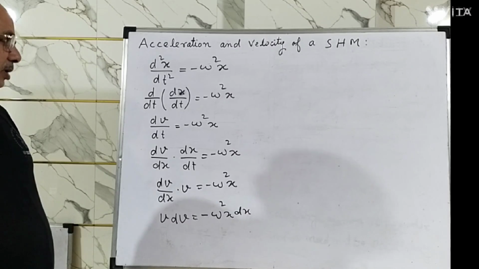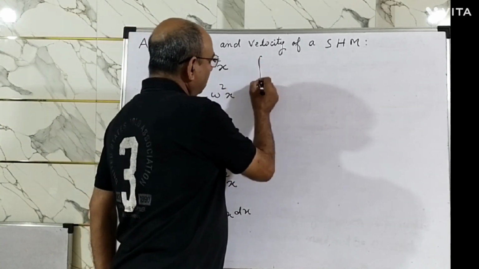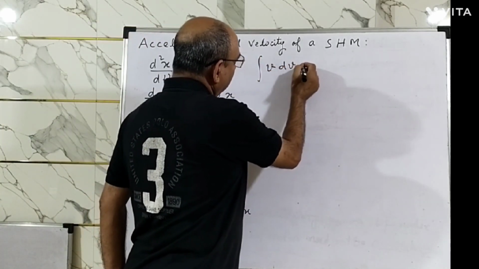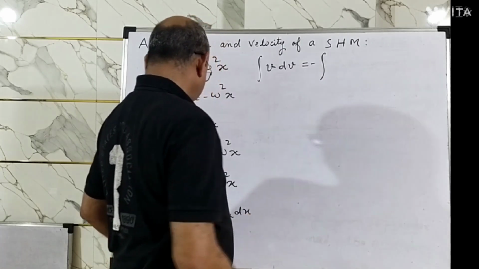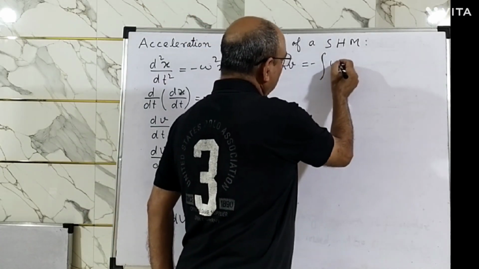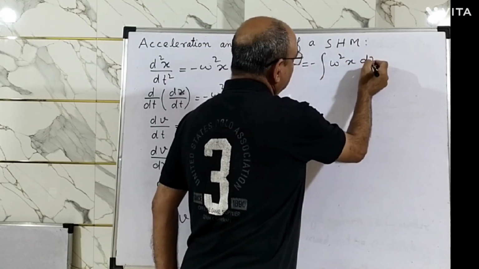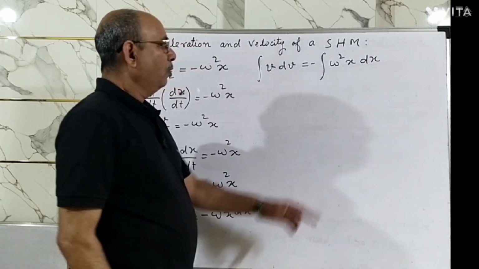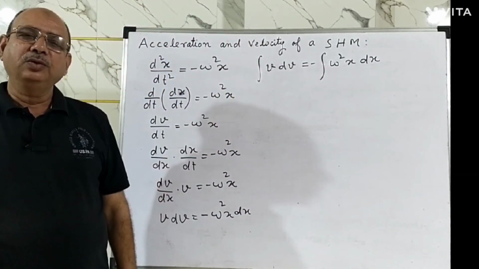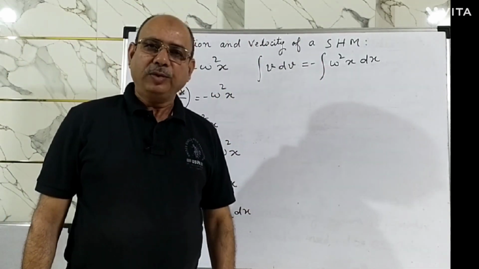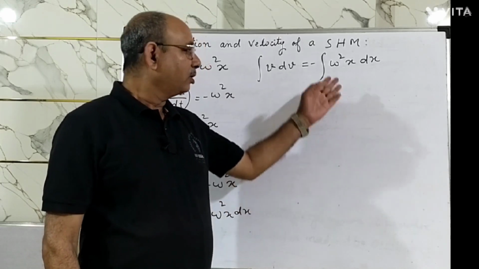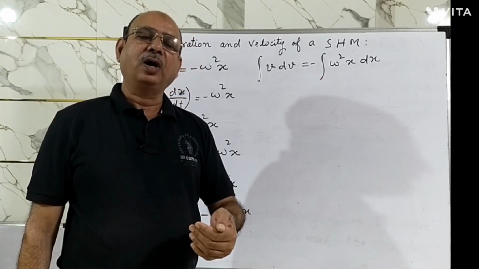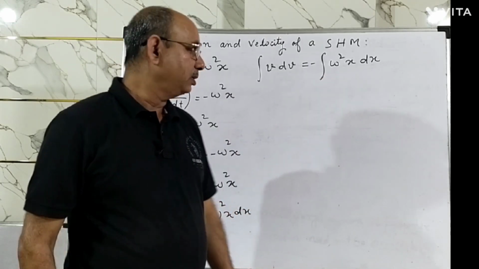Now integrating both sides means integration of v dv is equal to integration of minus omega square x dx, where omega is the angular frequency which is constant. We can take it out because constant from integration is always taken out of integration.